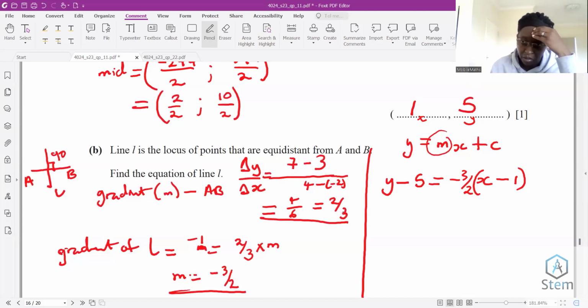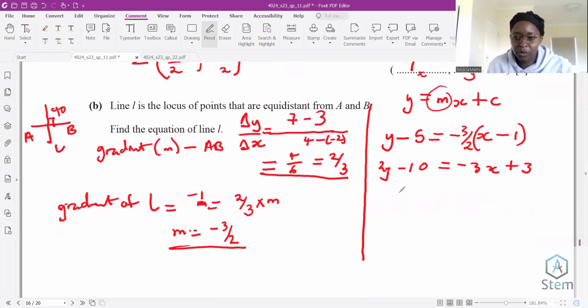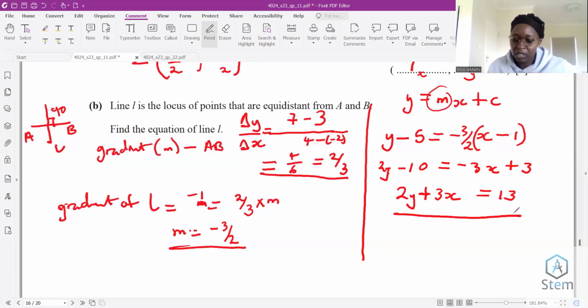If I simplify, I get 2y minus 10 is equal to minus 3x plus 3 here. Okay, let's simplify. So we get 2y plus 3x is equal to 13. That's a nice equation. We can leave it like this. If you want to write it in the form of y is equal to, you can still do that. But this is okay as it is, okay?